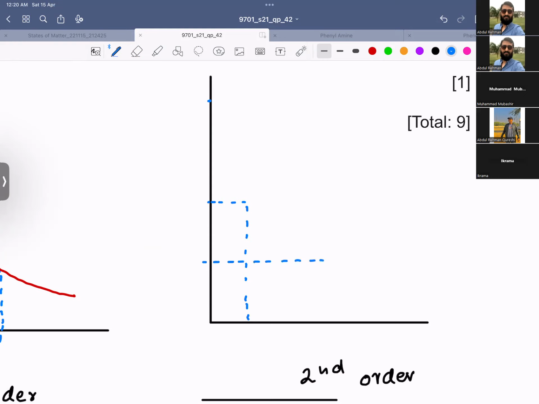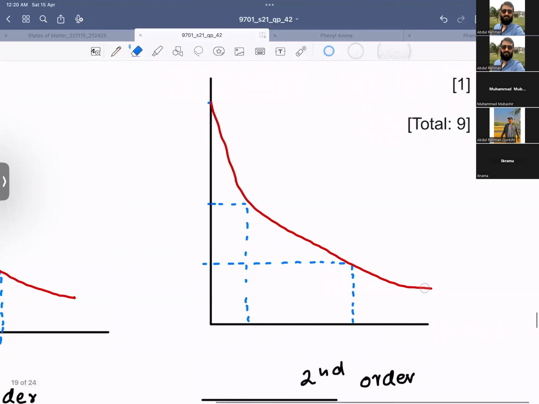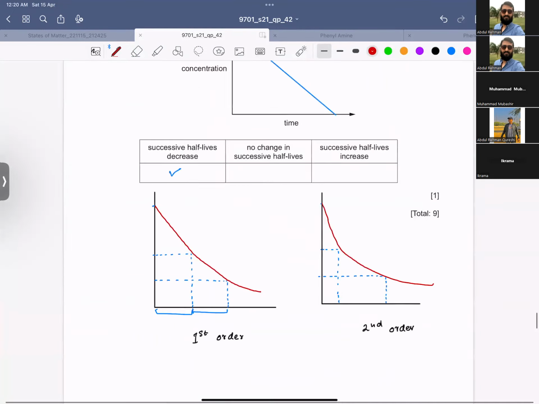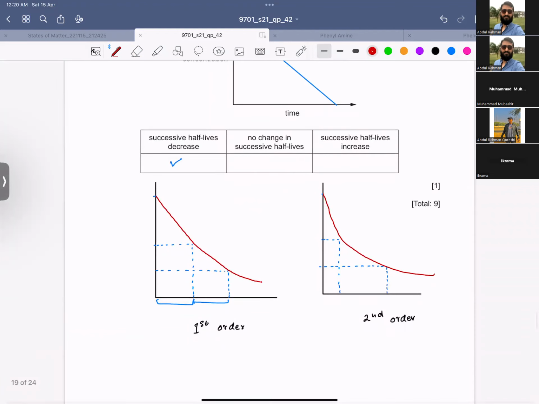Now I would extend it. So see, my second half-life is increased. And now I would make a graph or a curve like this. That would be for the second order. Is this clear? Okay.